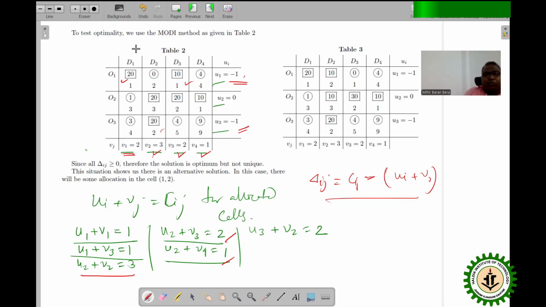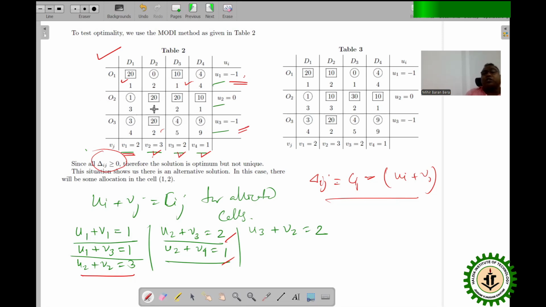So in this particular table, table number 2 shows that all delta Ij are greater than or equal to 0. Be careful, greater than or equal to 0. So the solution is optimum, but not unique, as one delta Ij is equal to 0.